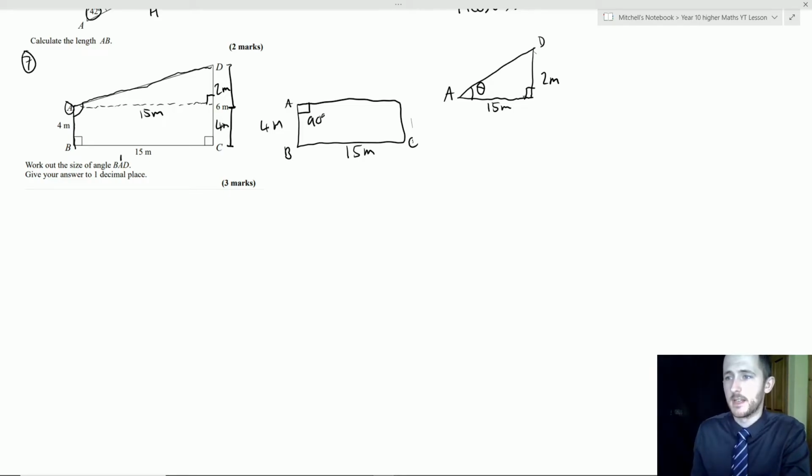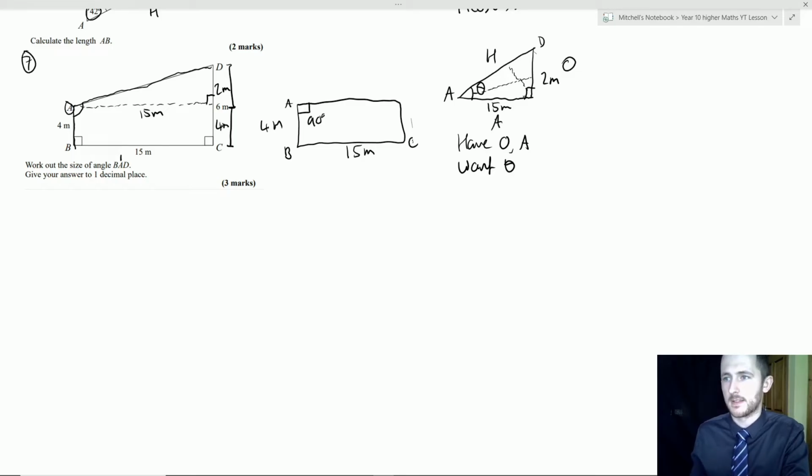Label your sides. Draw a dotted line going straight across from the angle we want. That is your opposite. Dotted line from the right angle gives me my hypotenuse. The other thing is the adjacent. So I have O and A, and I want theta.